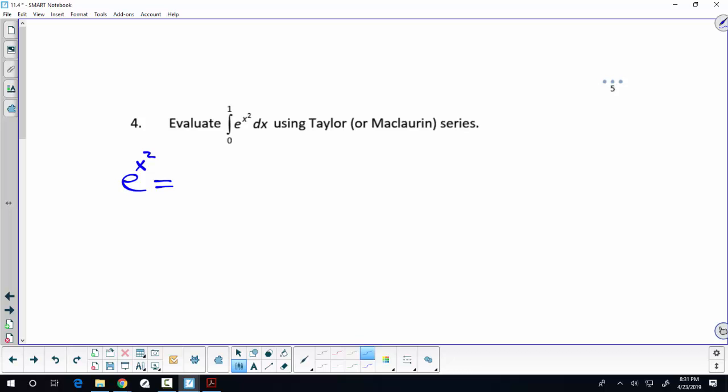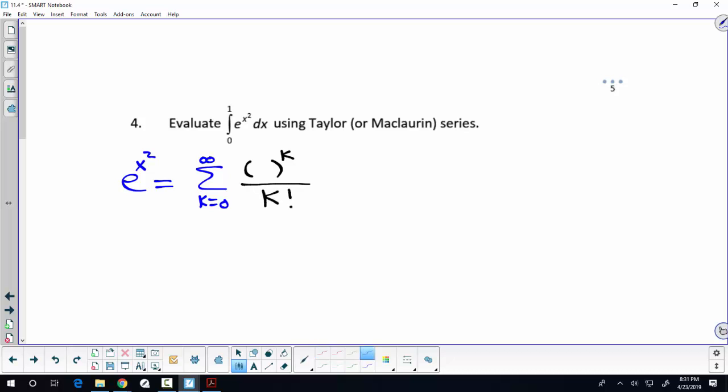So here, what are we looking for? We're taking the series and composing it, right? Putting x squared in for everything. So the series for e to the x is x to the n over n factorial, or sorry, x to the k over k factorial.